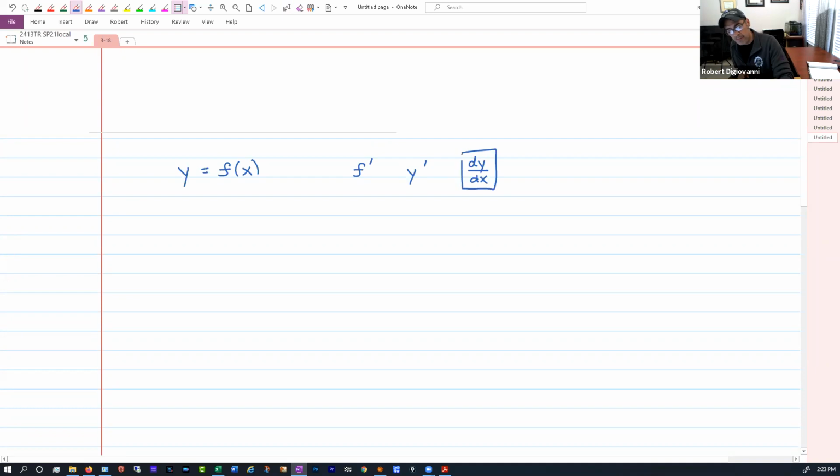We haven't used that much. The book did use it in the homework a little bit, but we have stayed away from this. Now I'm going to start using it. So everyone needs to understand that when I write dy/dx, what I mean is take the derivative of this function. Okay?